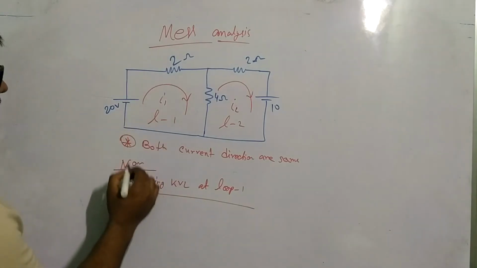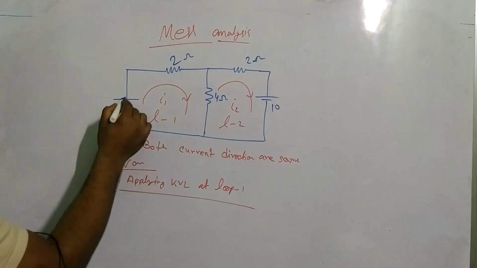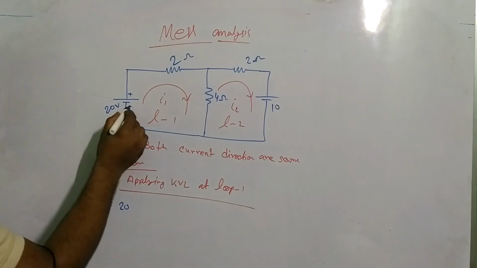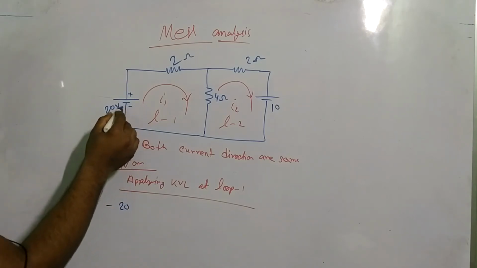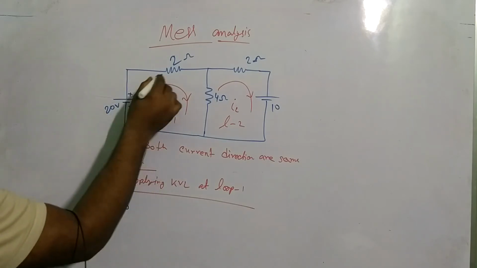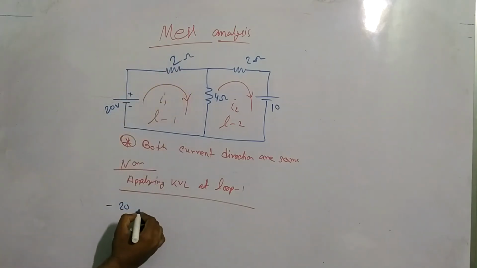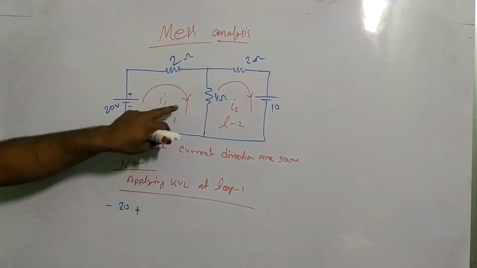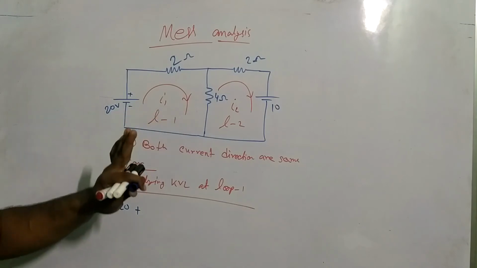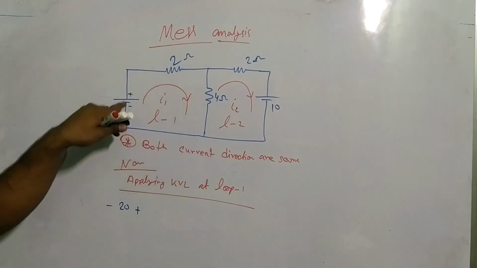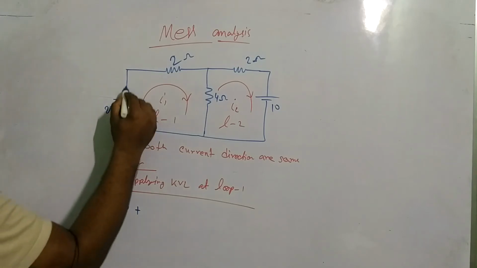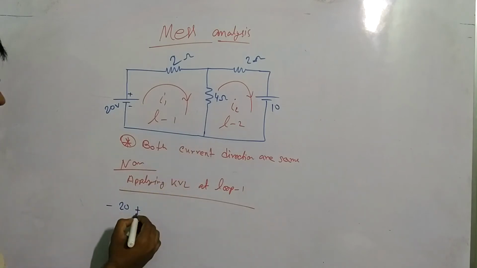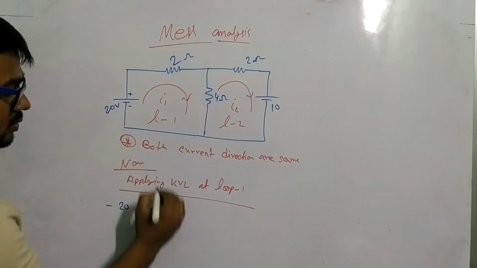This is a clockwise direction, so minus 20, because I always consider the first polarity. Now for this resistance, the sign is plus, because if I consider this clockwise, the current flows from here to here, so plus 2 into I1.